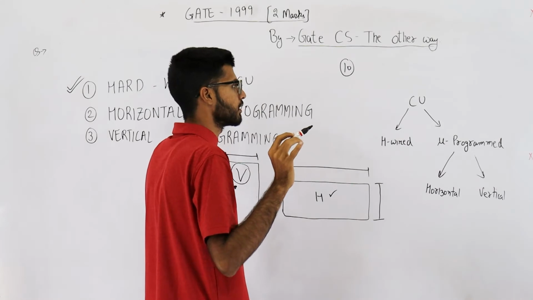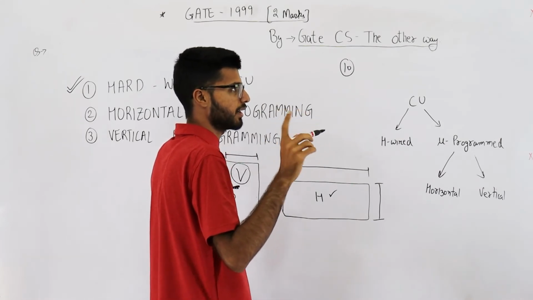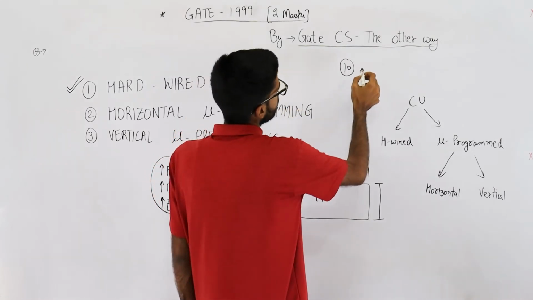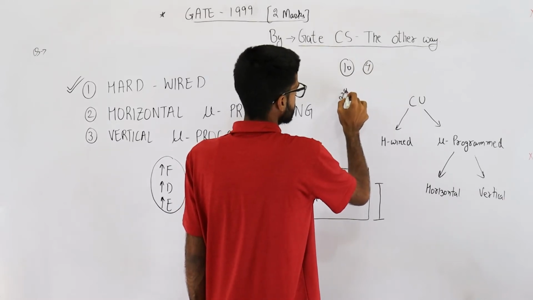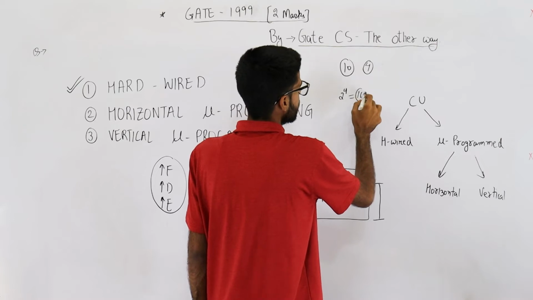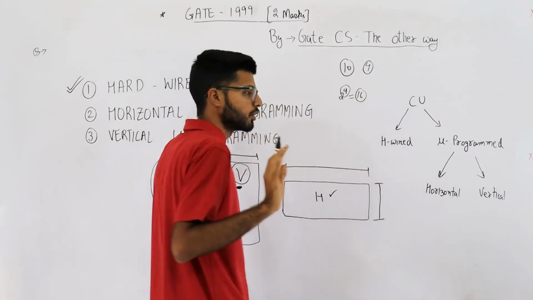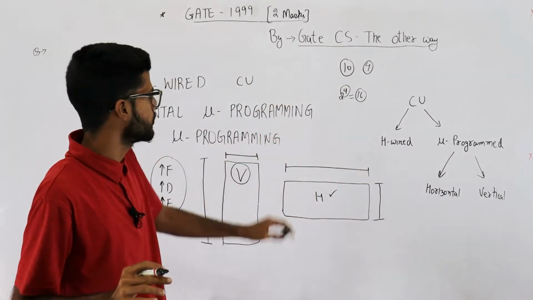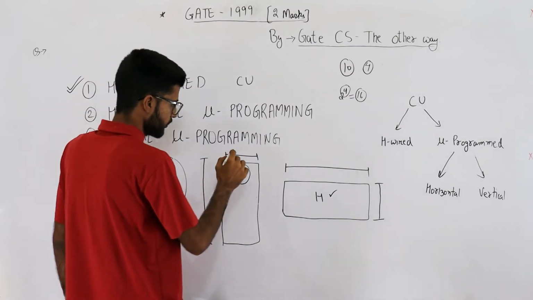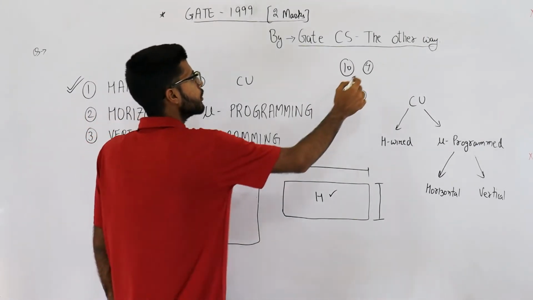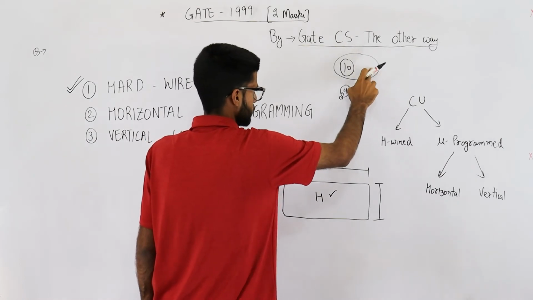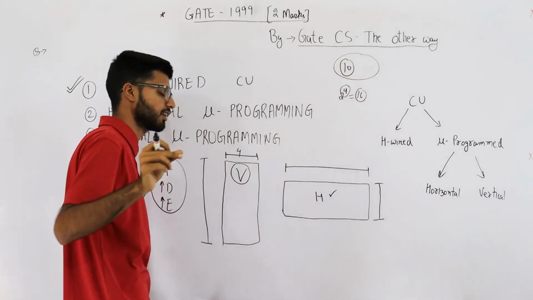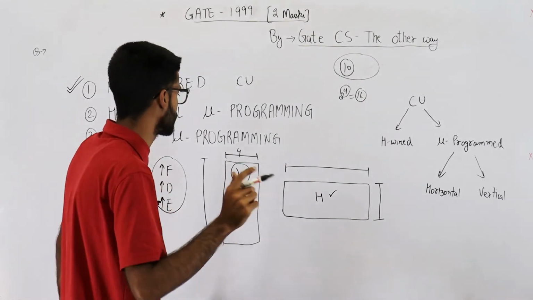And to address one of 10 items, 4 bits are enough, because 2 raised to the 4 is 16. That means only 4 bits are enough to support 10 control signals.